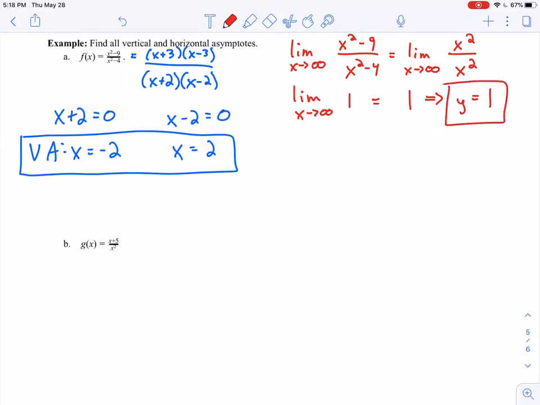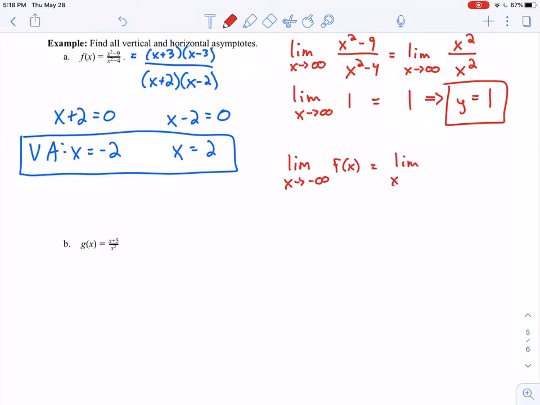I would like you to include that y equals part so that we can see, oh, that's the equation of the horizontal asymptote. Similarly then, if you want to look at the left-hand end behavior as well, the limit as x approaches negative infinity of f of x here, again, I'm just going to look at the leading terms.